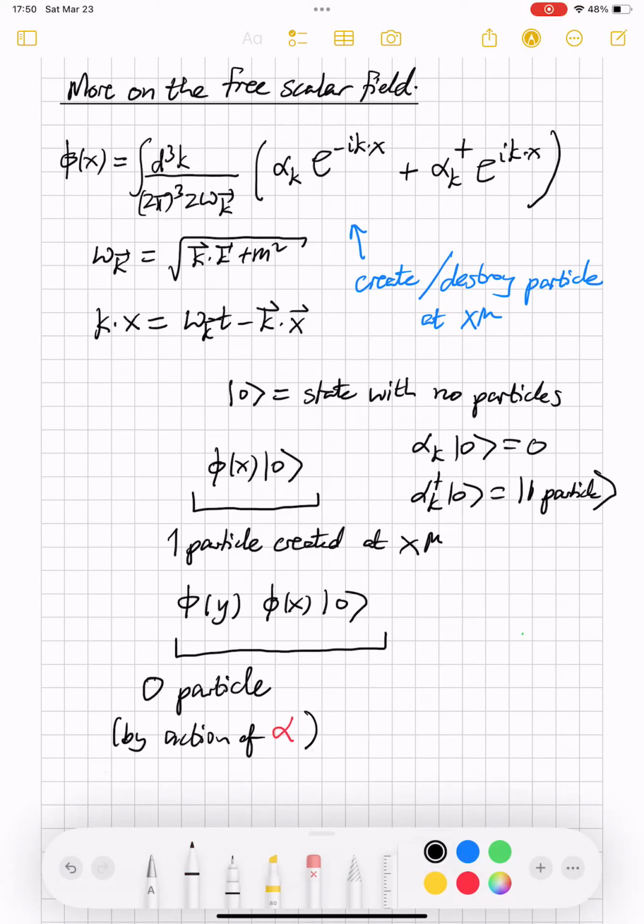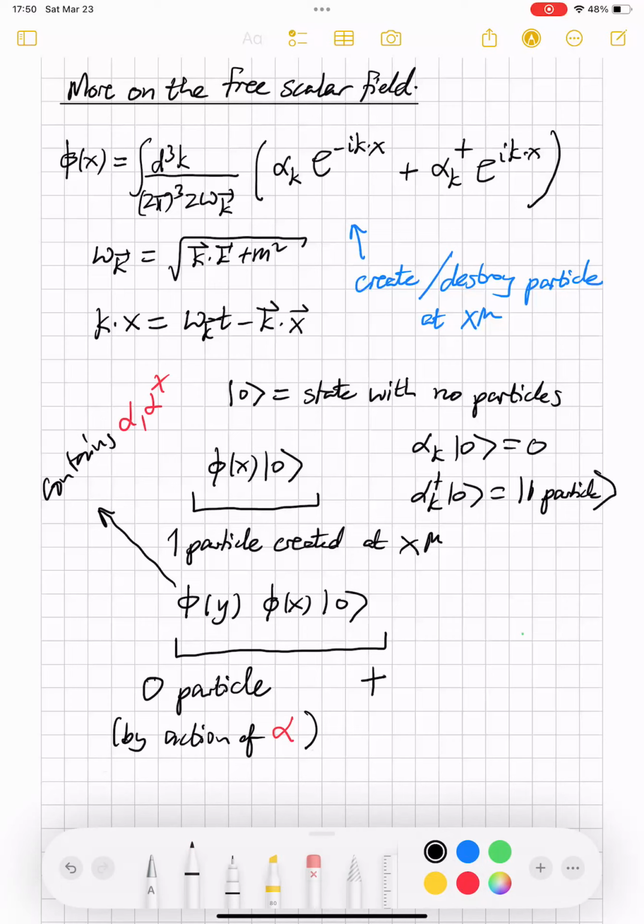And what I want you to remember is that φ(y) contains α and α†. So the action of the α could produce a no particle state when it acts on φ(x)|0⟩.